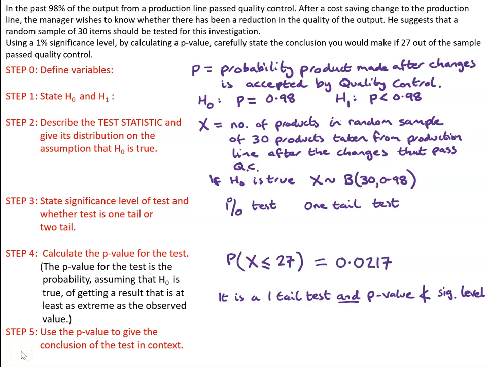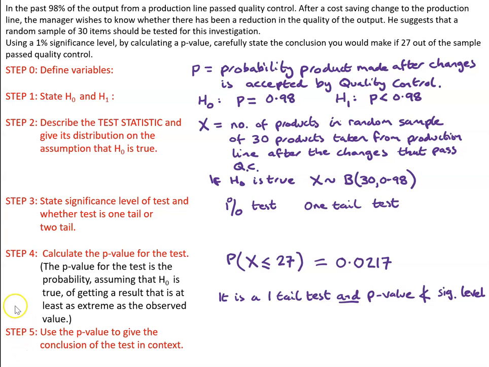In this case, our conclusion should be to say that there is insufficient evidence at the 1% level to reject the null hypothesis in favour of accepting the alternative hypothesis.